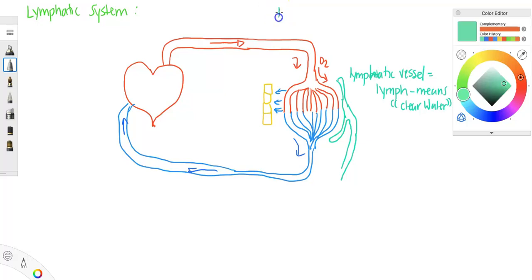Lymph capillaries are the smallest vessels, smallest capillaries, and they're the most permeable.